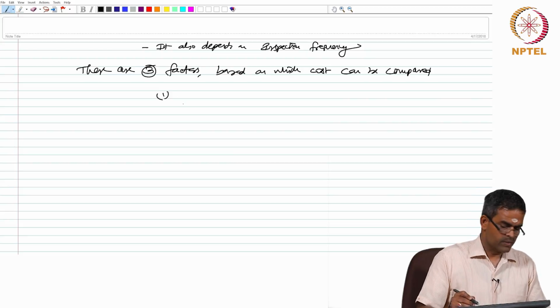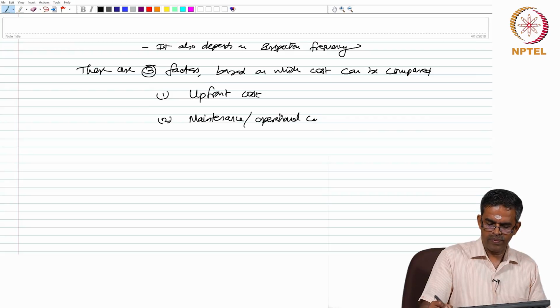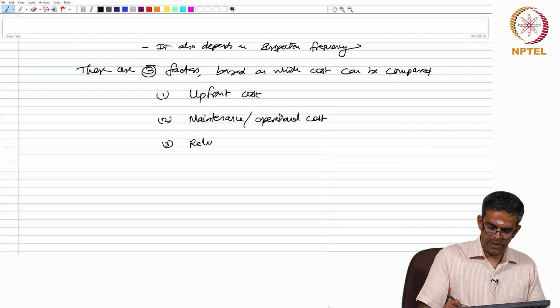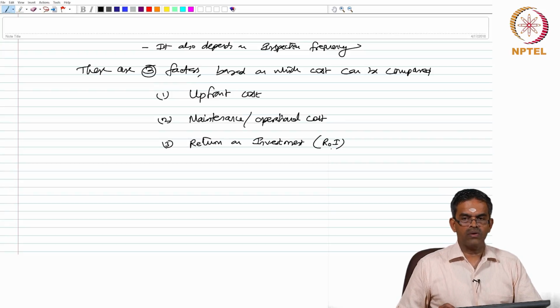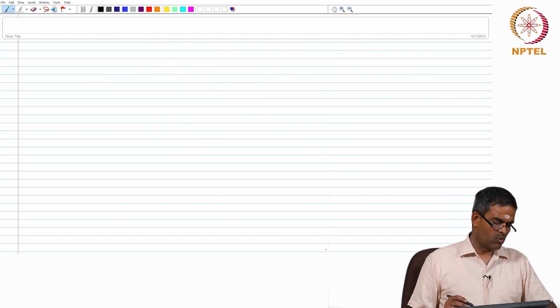One is the upfront cost, second is the maintenance cost, I should always say operational cost, third could be the return on investment. Let us now compare and contrast both the methods based on these parameters.